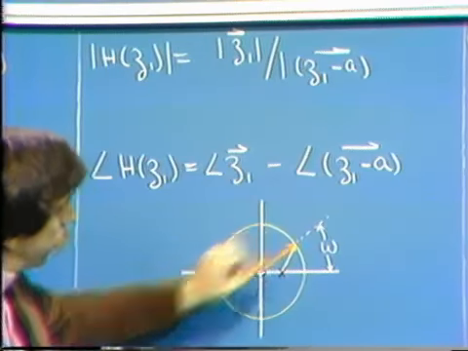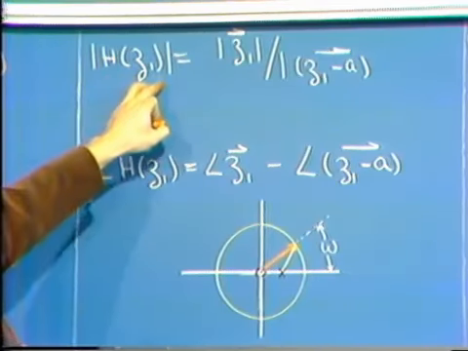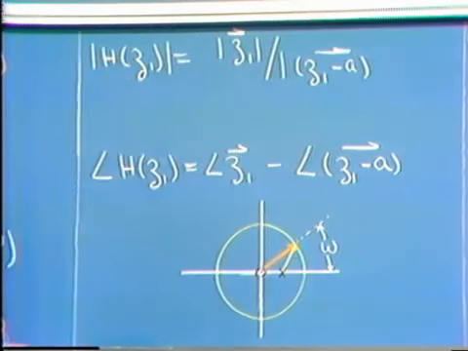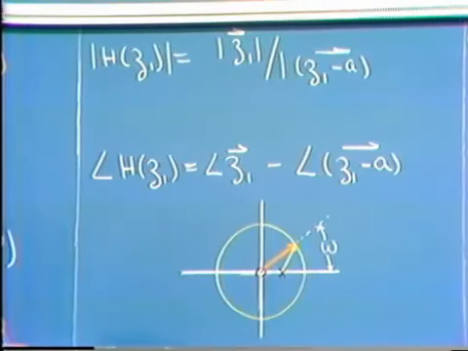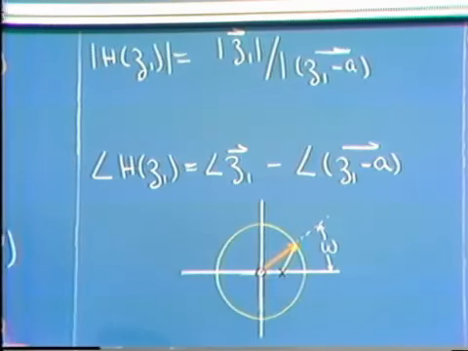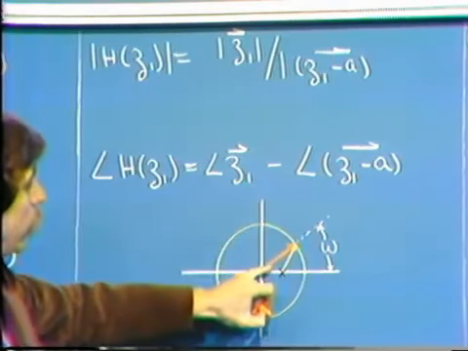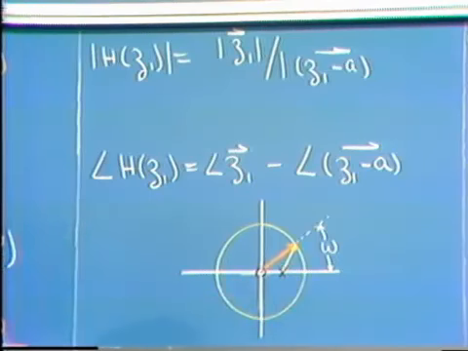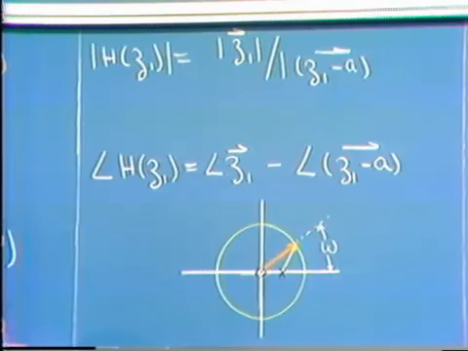We have the zero vector and the pole vector, and as we generate the frequency response for z1 equal to e to the j omega, the point on the unit circle at which we're evaluating the z-transform changes. If we think of angular distance around the unit circle as omega, then as omega varies and we consider the relative behavior of these two vectors, what we essentially trace out is the frequency response of the system.